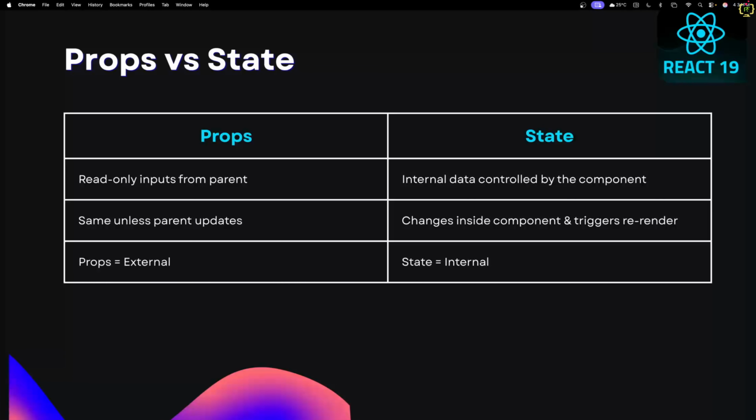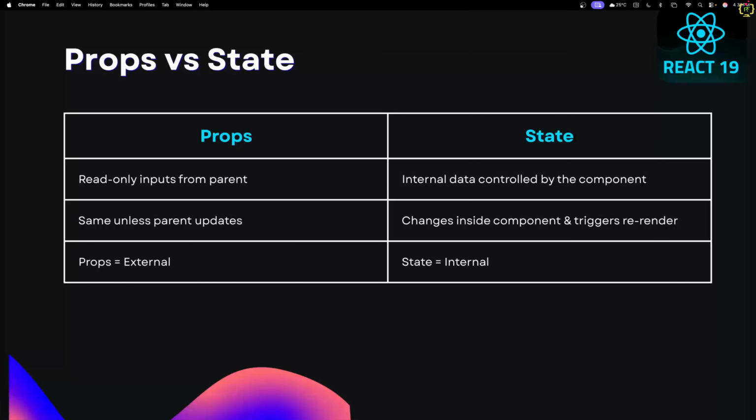And here is the key difference in one line. Props tell the component what to display, and state tells the component how to behave. If props are like ingredients coming from outside, then state is like the internal recipe your component follows. Another important point: when state changes, React automatically re-renders the component to show the updated UI in the browser.